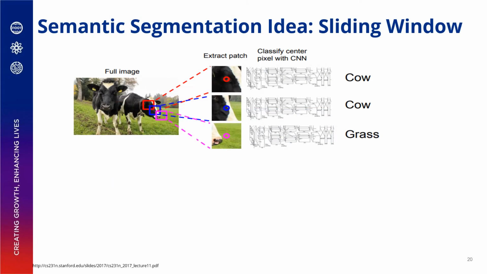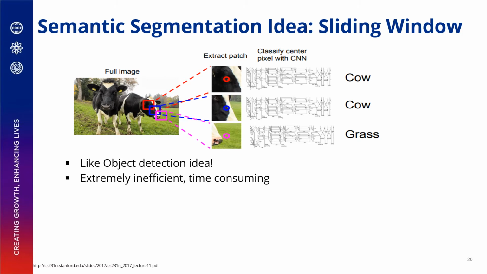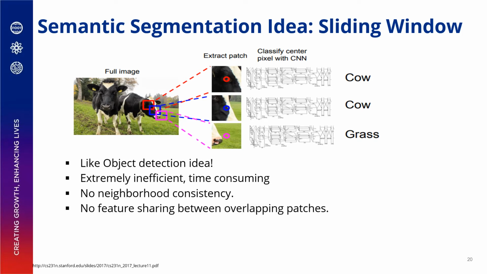As I mentioned, the way you would do that is you divide the image into multiple sections and extract each patch. Just like how you run a classification algorithm, you could run a segmentation algorithm on it. However, it's extremely inefficient and time consuming, very similar to how we do object detection for these windows.